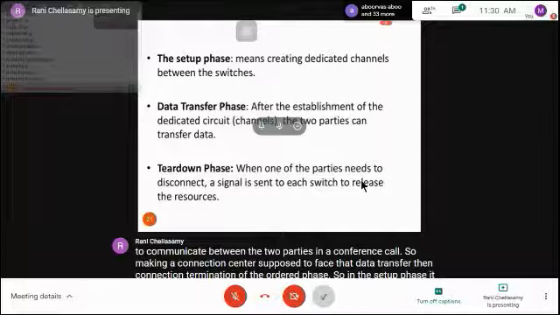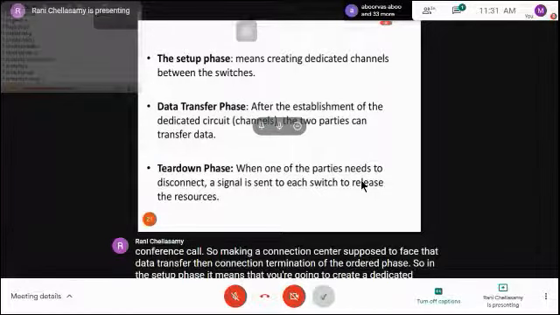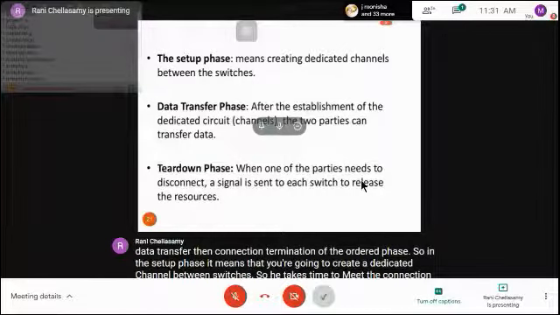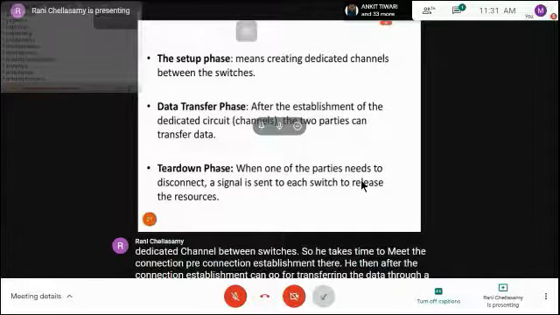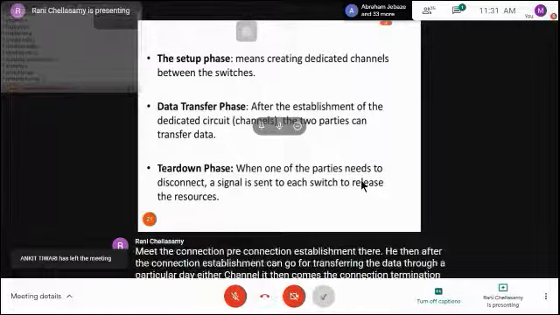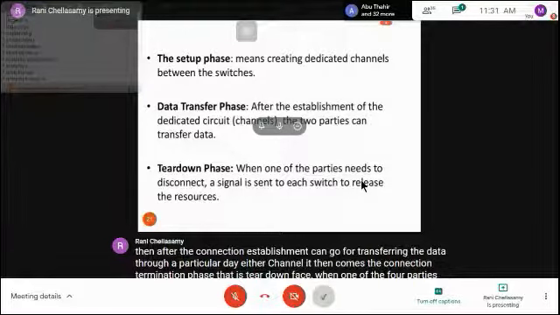After connection establishment, you can transfer the data through the dedicated channel. Then comes the tear down phase. When one of the parties needs to disconnect, a signal is sent to each switch to release the allocated resources.